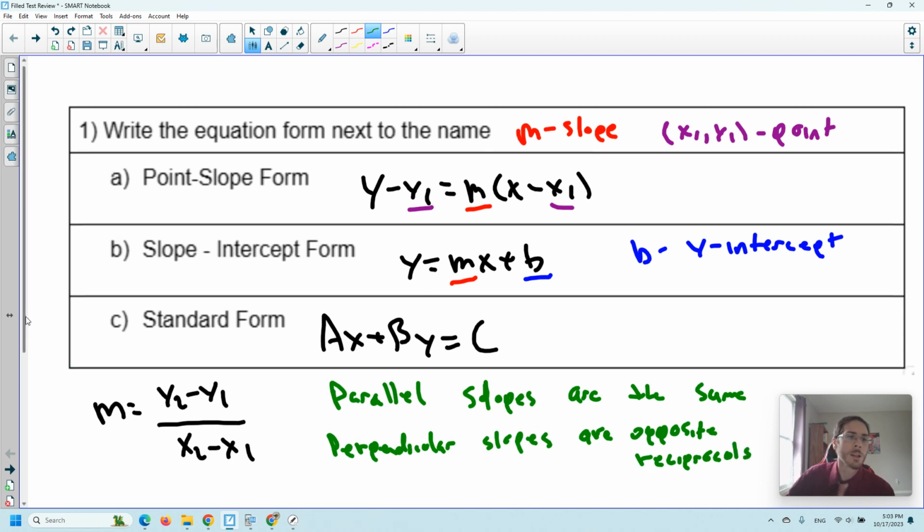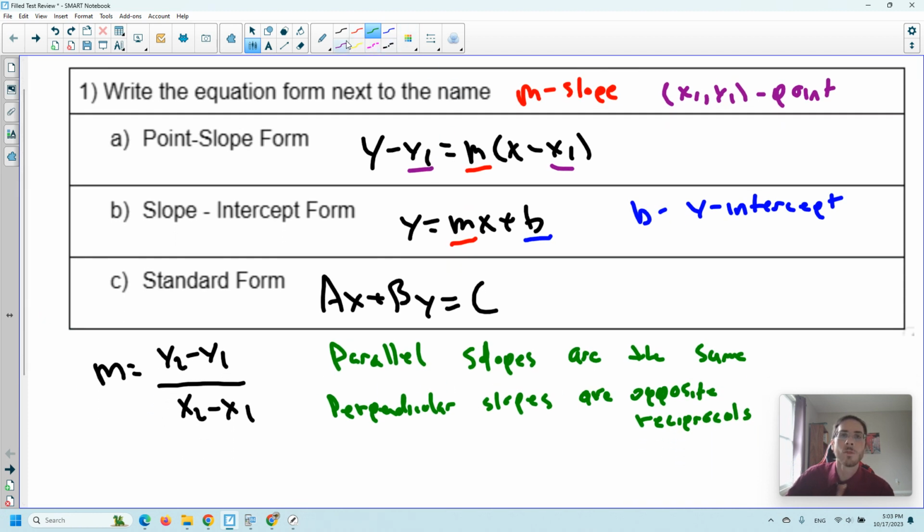But if you want to think about it in terms of what you actually do for the perpendicular slopes, we flip the fraction and then switch the sign. So that would be our key there.